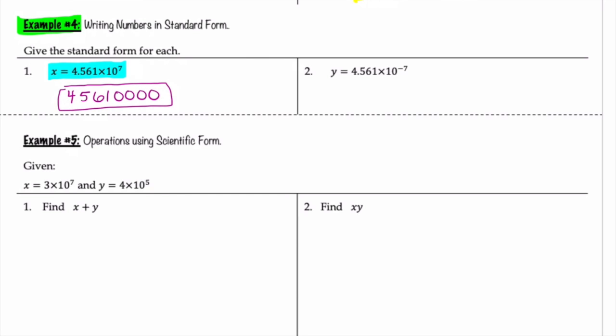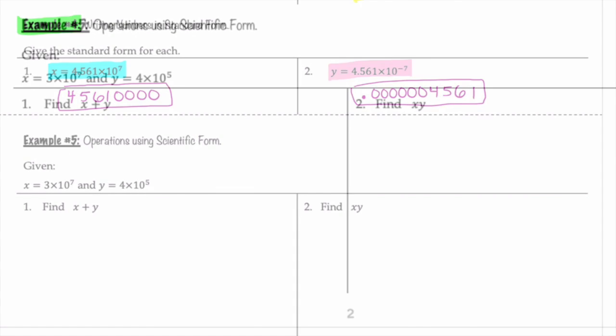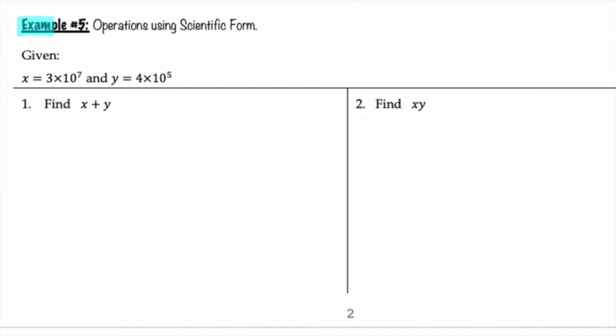For number 2, I am going to take that y and move the decimal place to the left, making that number really, really small. So whenever you see a positive exponent, the number is going to get larger. When you see a negative exponent, that number is small. You're going to include zeros in front. All right, let's look at example number 5.